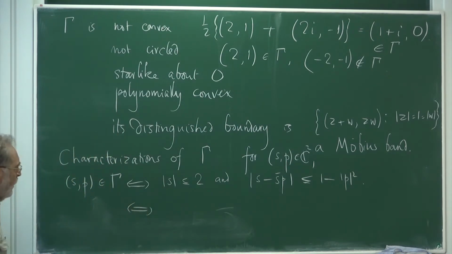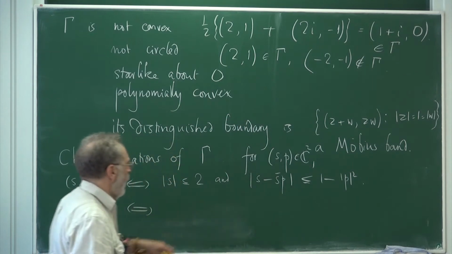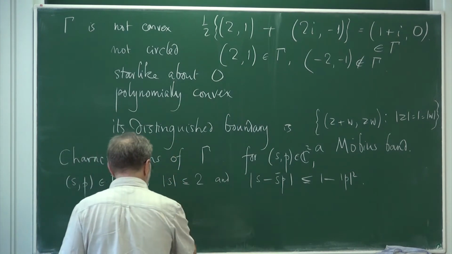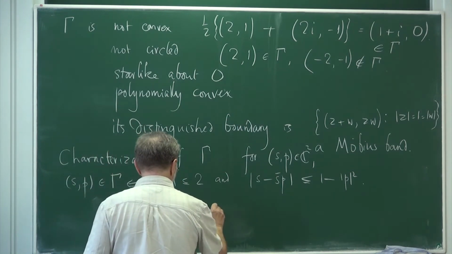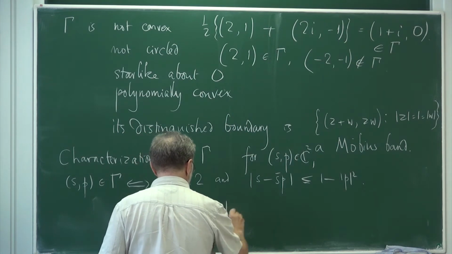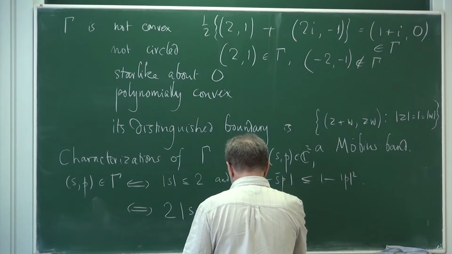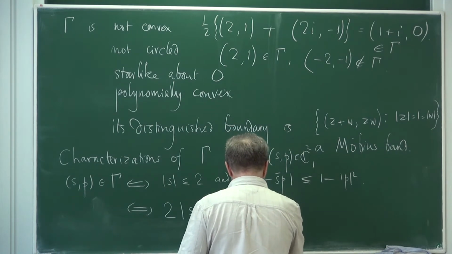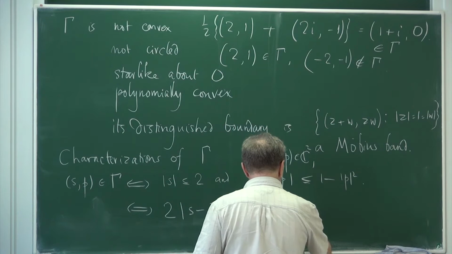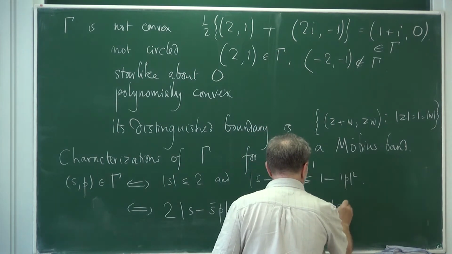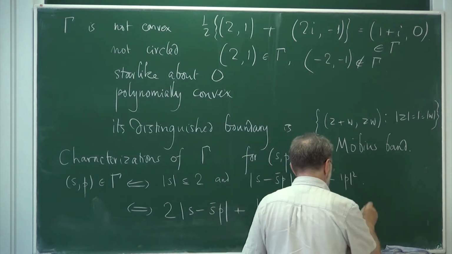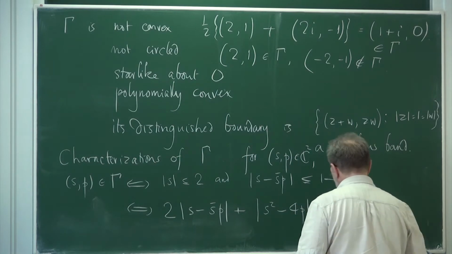And another one is the following: twice mod (s minus s bar p) plus mod (s squared minus 4p) plus mod s squared is less than or equal to 4.